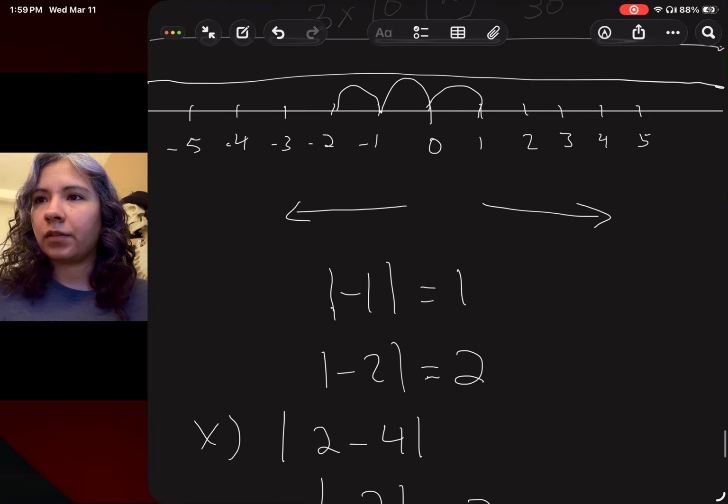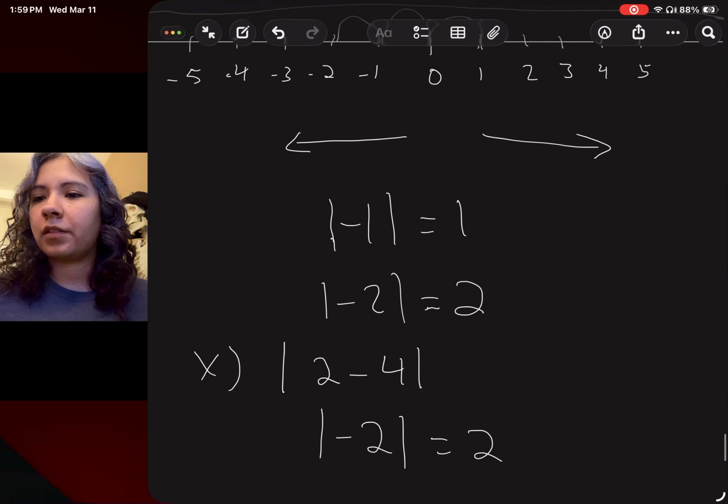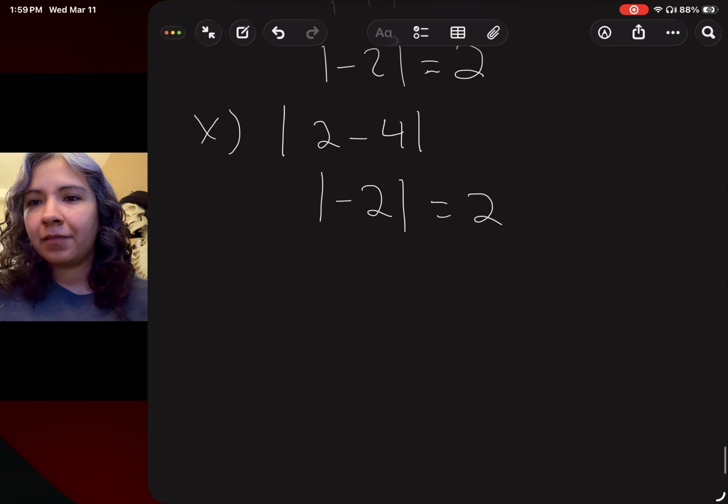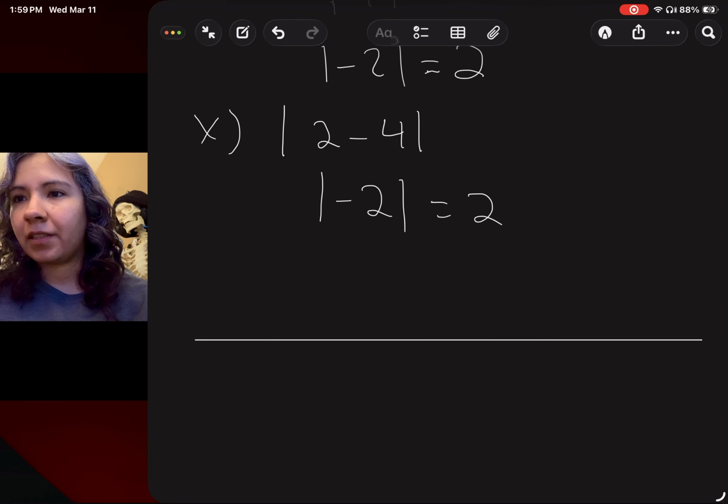So whenever you look at this on the number line, let me draw a new number line. So 0, 1, 2, 3, 4. This is not evenly spaced, as you can see.